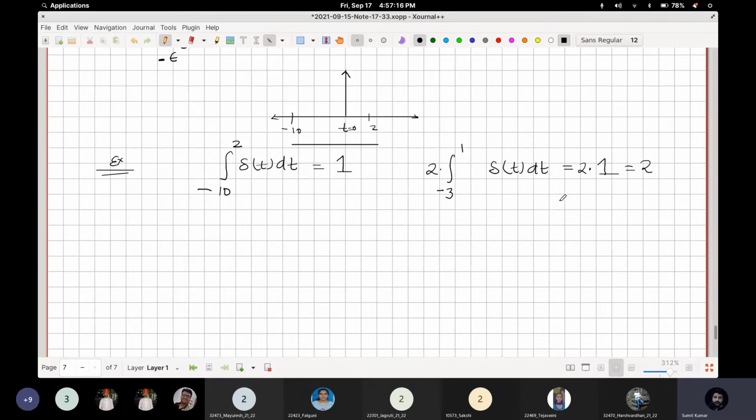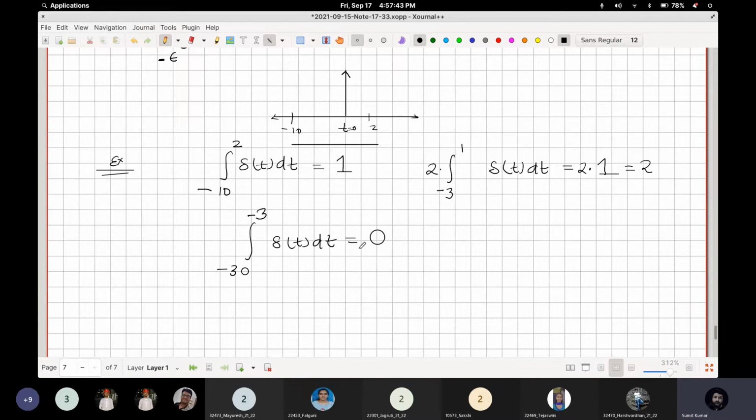Let me ask you another question here. Minus 30 to minus 3, delta t dt. What is this going to be equal to? 0. It will be equal to 0. Why is it 0?